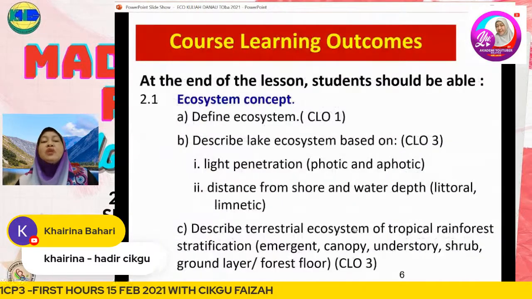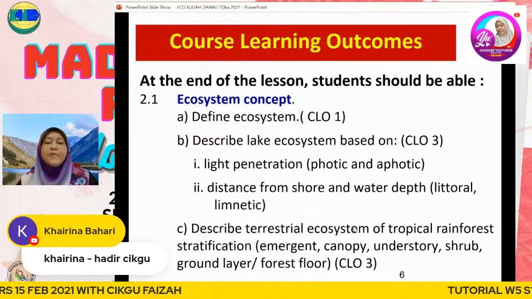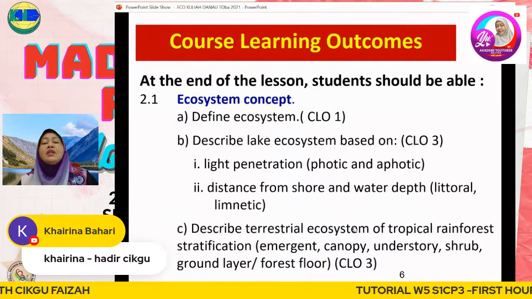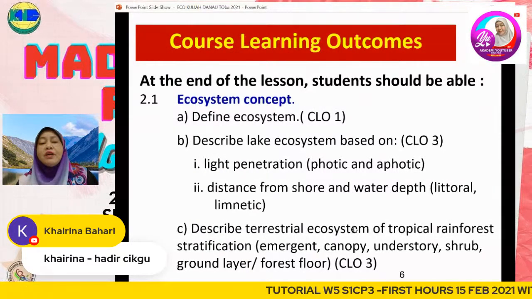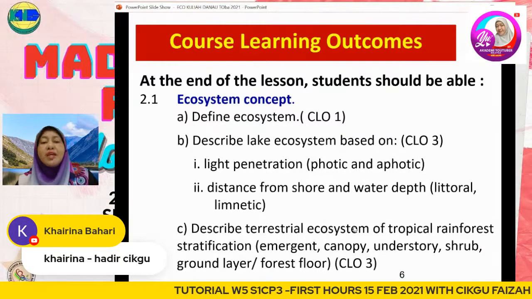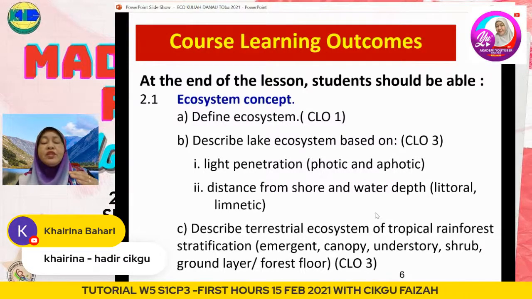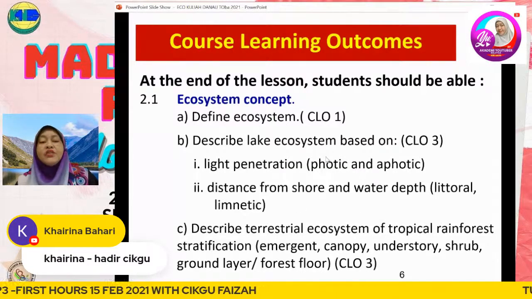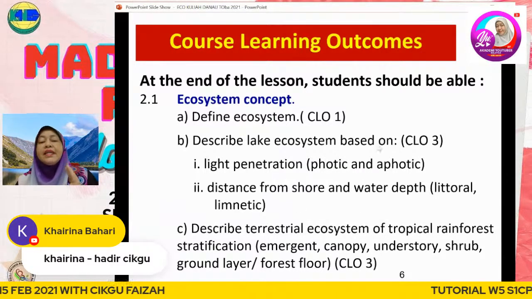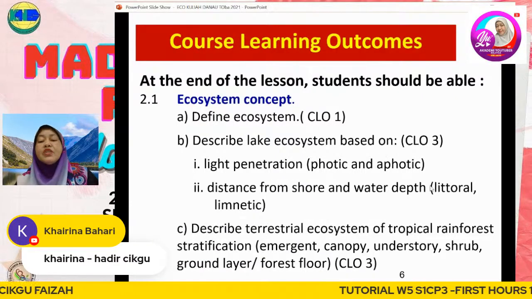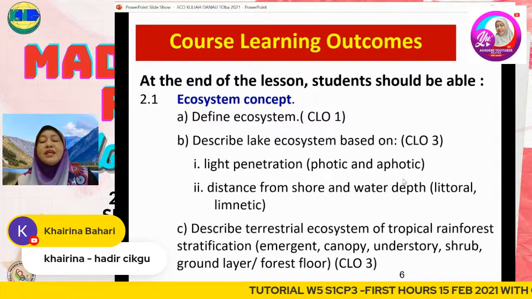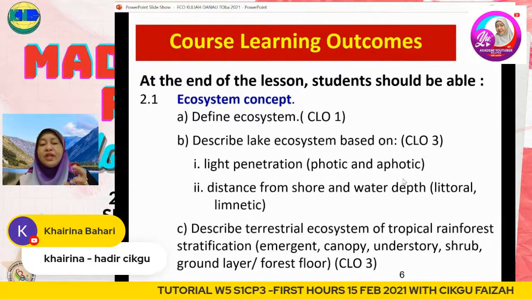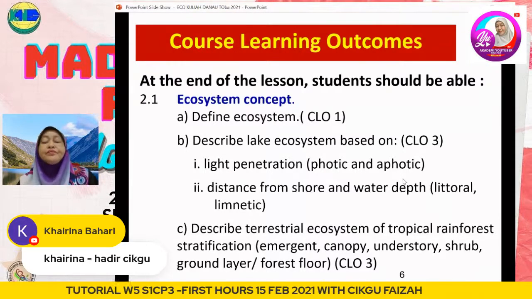So this is what we are going to learn this morning. Okay, the learning outcomes yang teacher nak you dapat is the ecosystem concept. You need to define the ecosystem, and teacher akan share kelas the two ecosystem, the lake ecosystem and the tropical rainforest ecosystem. Okay, this is what we target today.